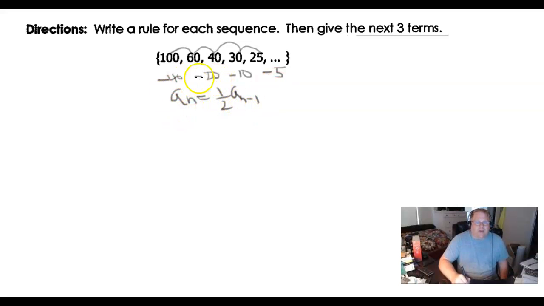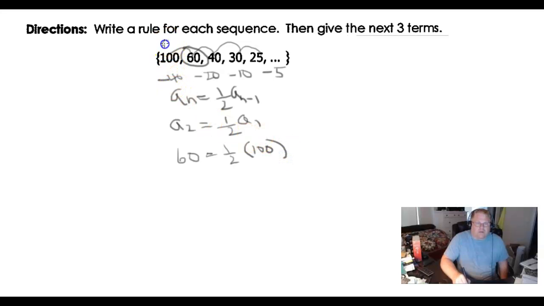Alright, so I'm doing it now. You know that's not perfectly right, because if I took half of 100, I would get 50. So I'm going to write it in here just to show you. I'm going to do a2, which is 60. So according to my rule, a2 equals half of a1. Whoops, I know what a1 is, Joel. a1 is 100.